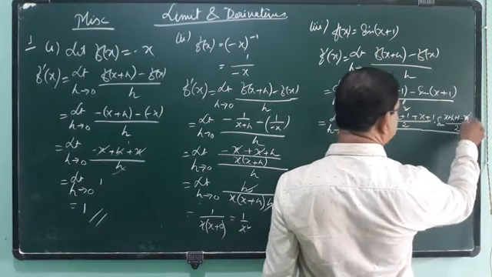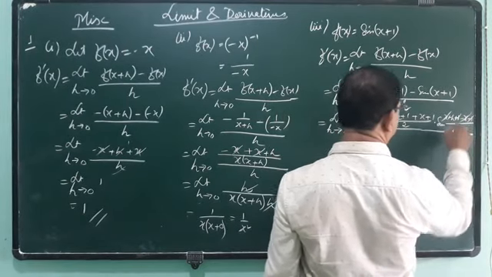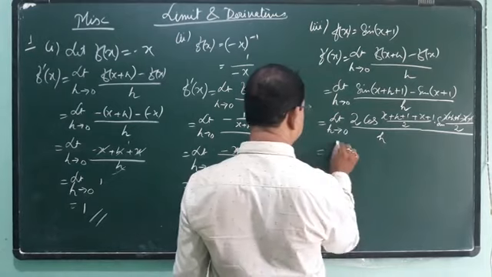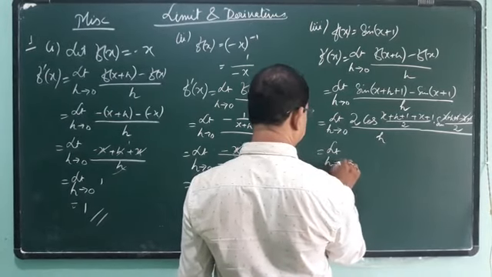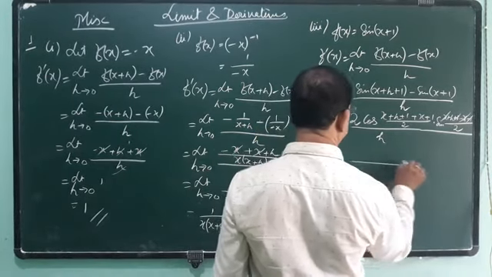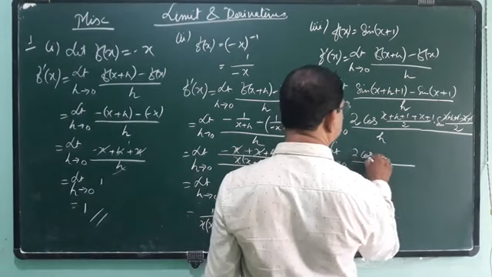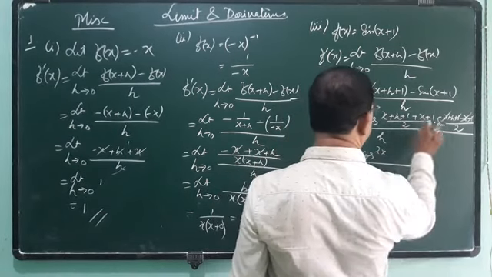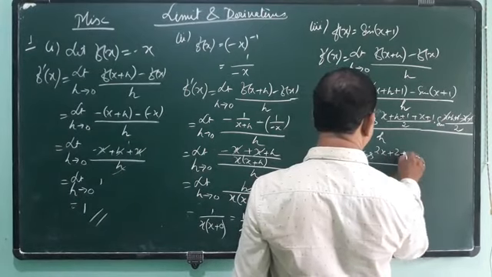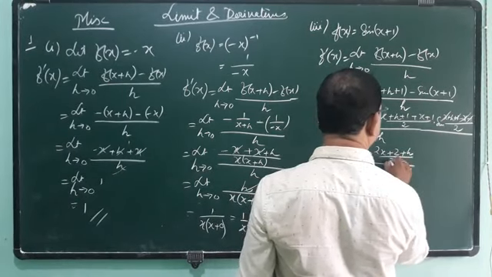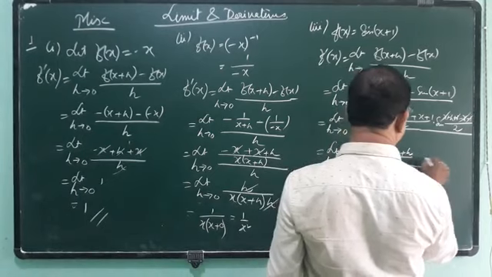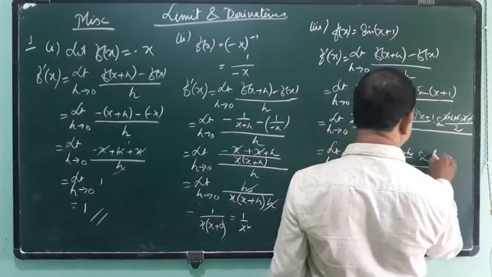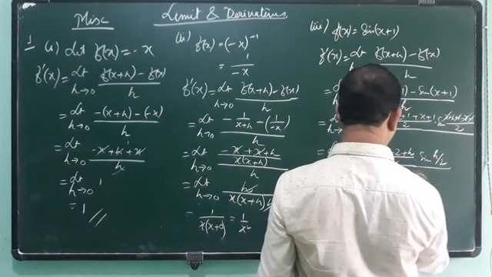So we can cancel the x and 1. Ultimately we get limit h tends to 0, twice cos of (2x plus 2 plus h) by 2, then into sin(h by 2) by h.